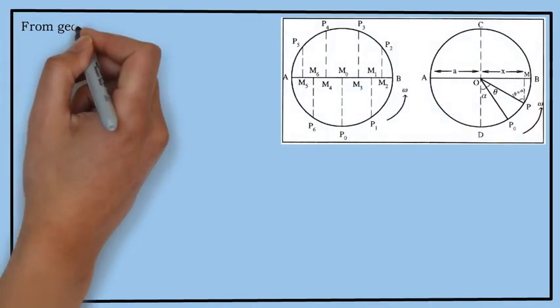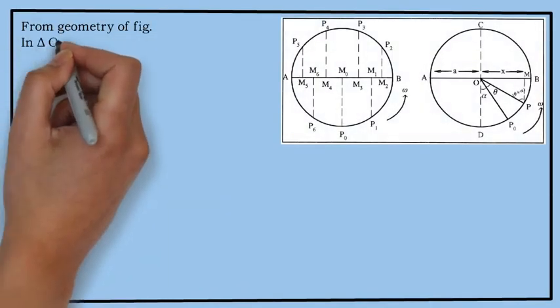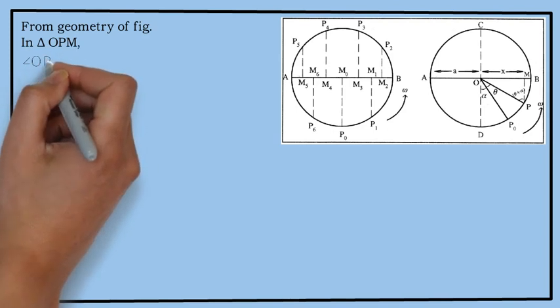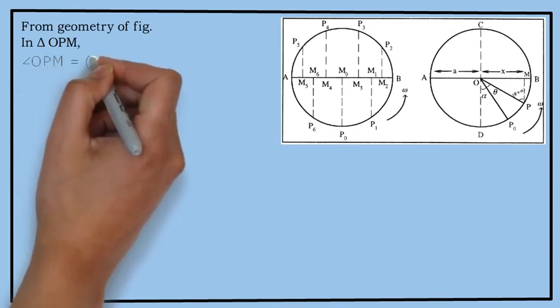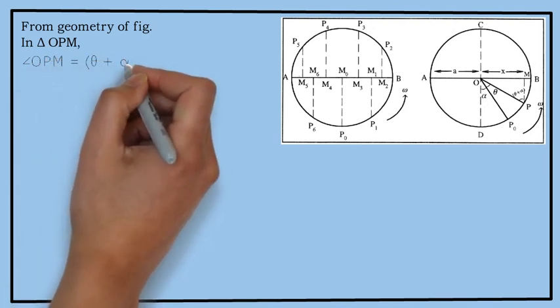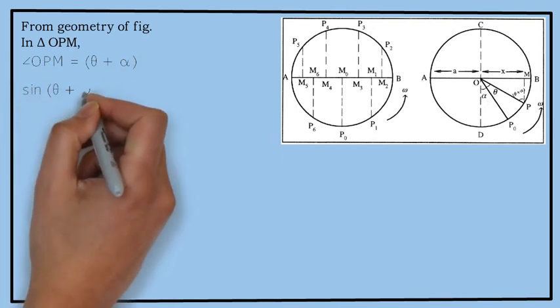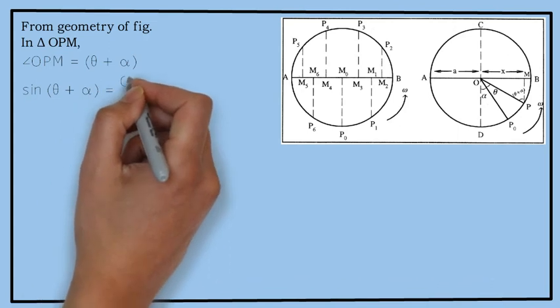From the geometry of this figure, in triangle OPM, can you see the triangle? Angle OPM is equal to theta plus alpha. Can you see that? Why is it so? Because they are alternate angles, and alternate angles are always equal.